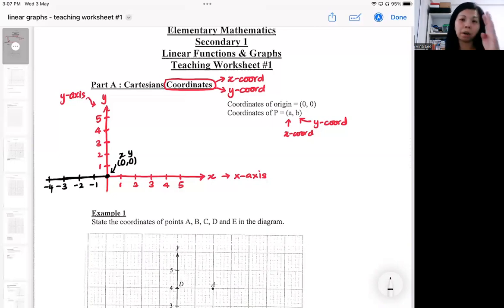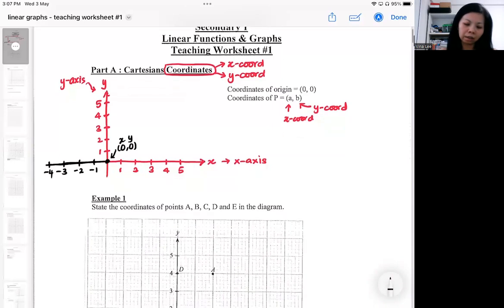It looks very much like your normal number line, where 0 is in the center, the negative numbers are on the left, and the positive numbers are on the right. Of course, I can also extend my y-axis downwards, and then I will start to get -1, -2, -3. So the y-axis is also like your number line, except you flip it up in a vertical way.